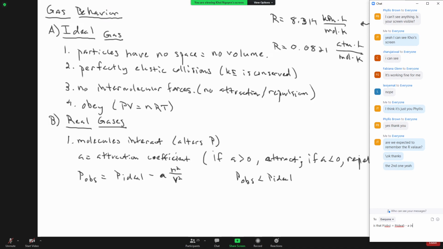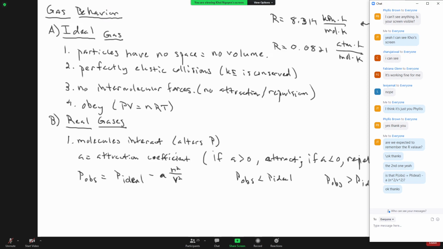And if they repel from each other, we notice that P observed is going to be greater than P ideal. Sorry, trying to fit it all on one slide. We have a lot to go over today.